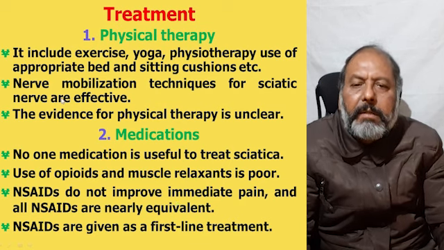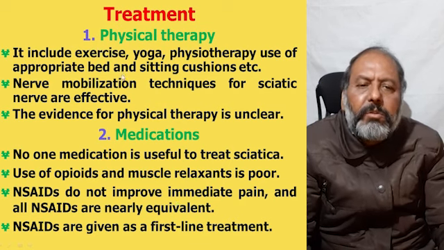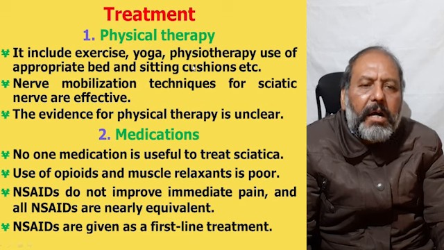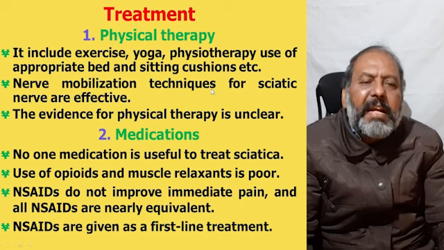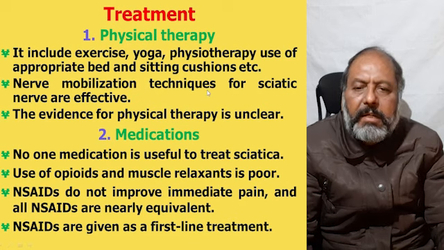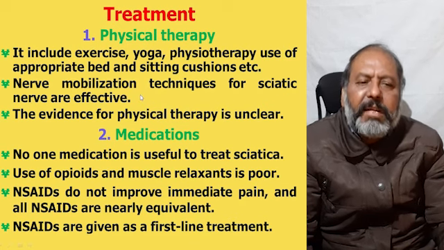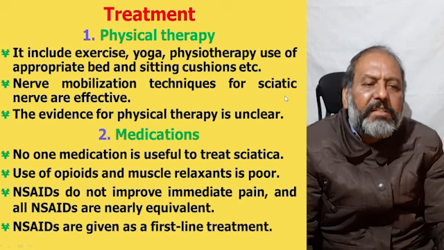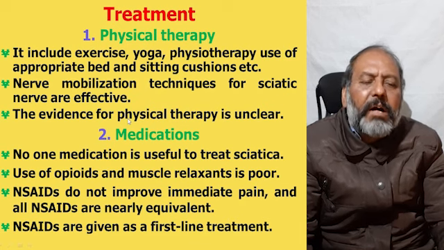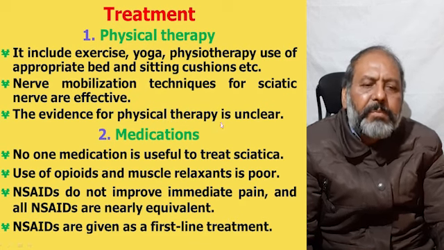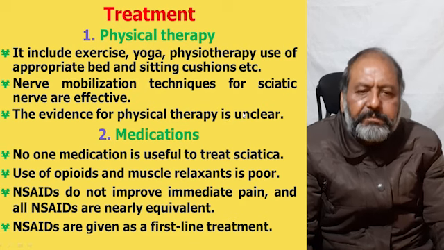Now, physical therapy includes exercise, yoga, physiotherapy, use of the appropriate bed and sitting cushion, etc. Nerve mobilization techniques for the sciatic nerve are effective. The evidence for physical therapy is not very clear.